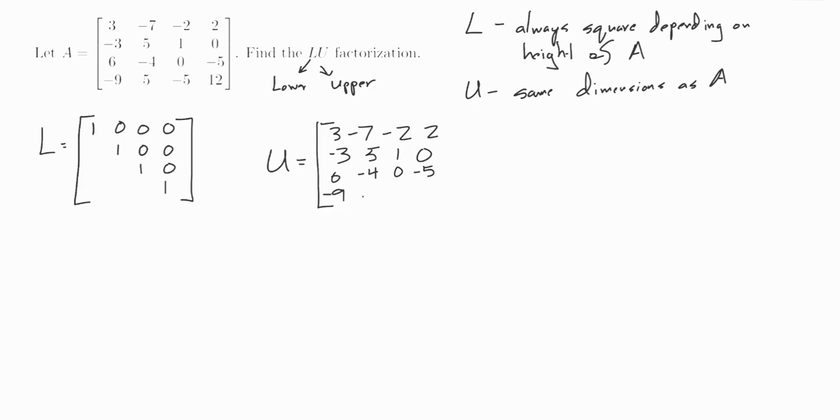So the first thing we're going to do is go ahead with the first column of A. And the idea here is that we're going to take that entire first column and divide it through by this top value, effectively the pivot of that first column.